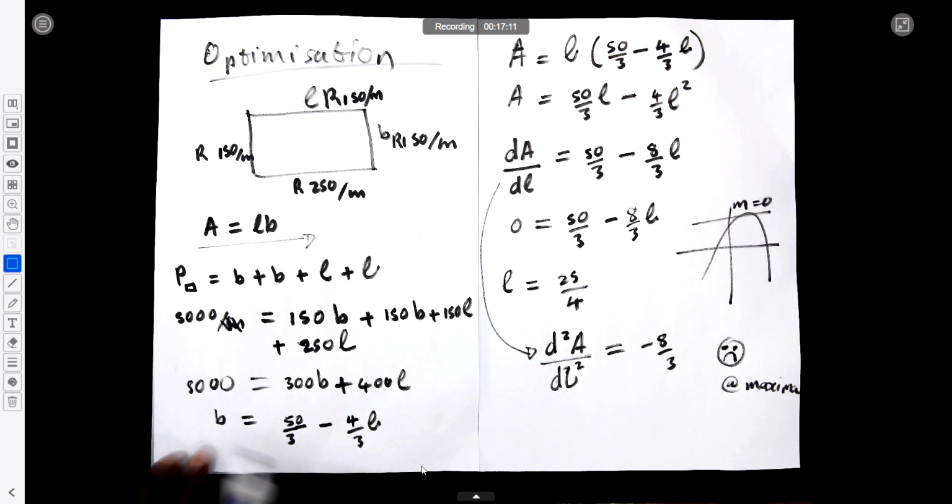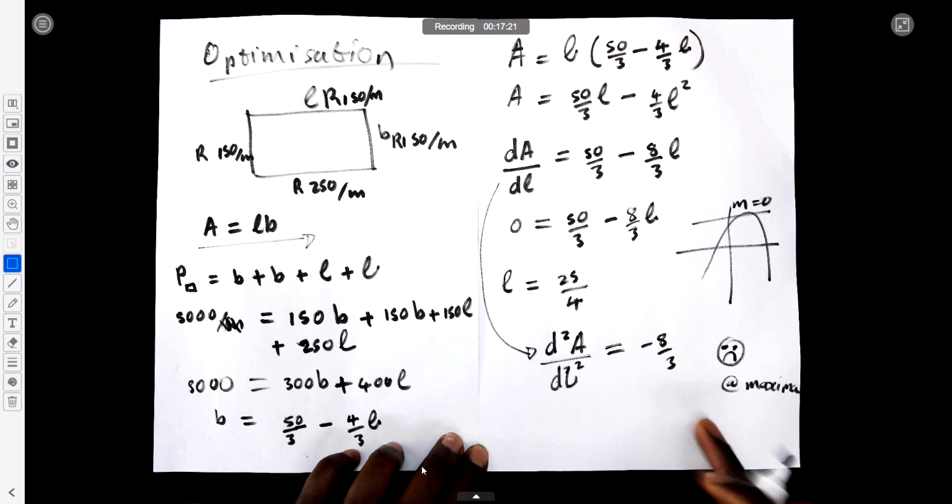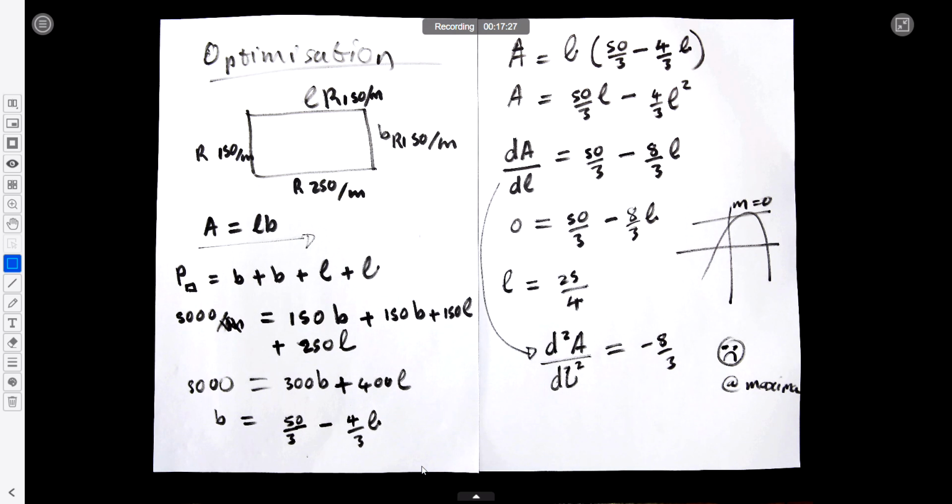Now we are done. We just need to substitute back to get the breadth. Here I wanted to show you that this is, in fact, the maximum length.